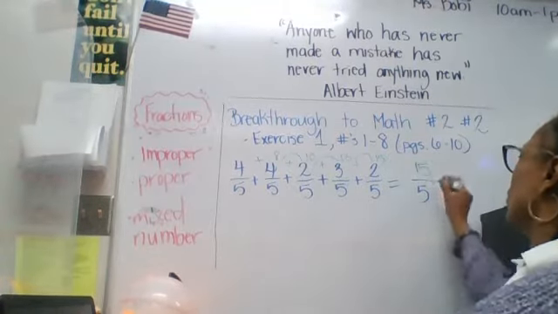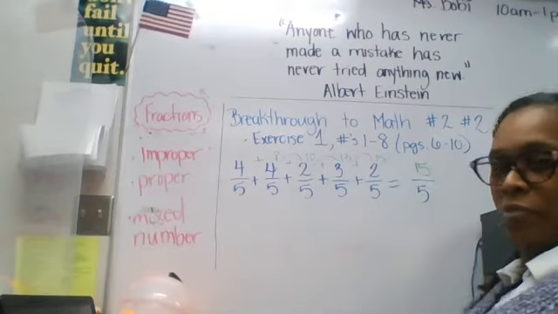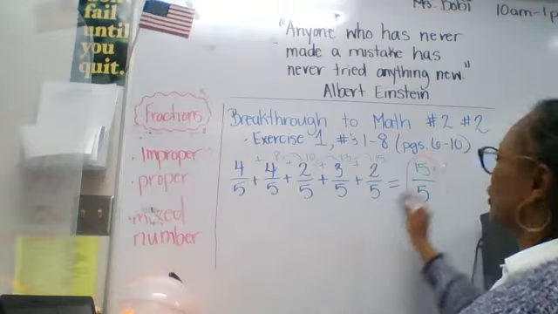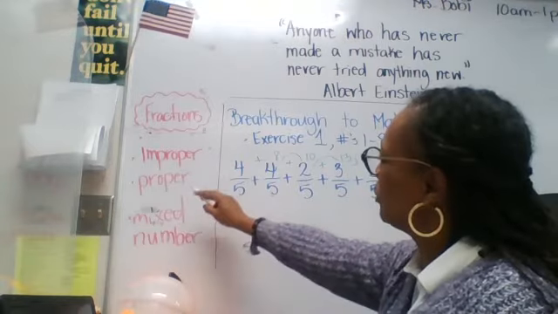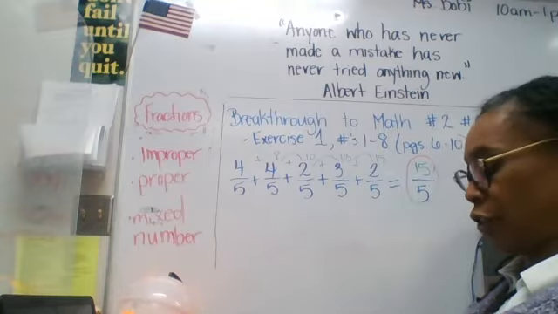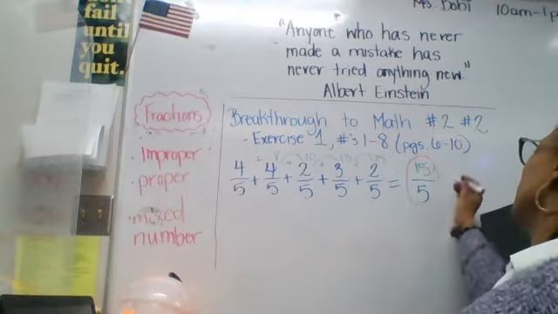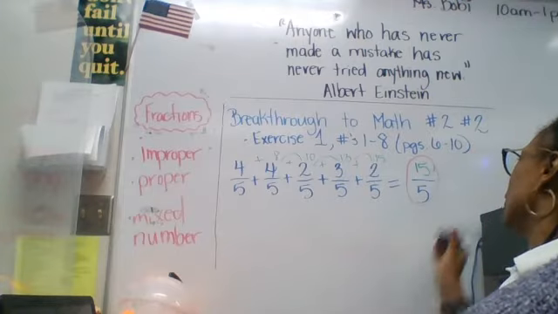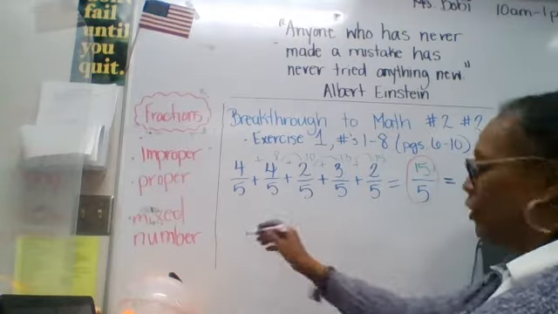Oh, what's happening here? What kind of number is this? Is it mixed, proper, or improper? I'll let you figure that out. But something else needs to happen here. We know for sure we're going to bring it down here.